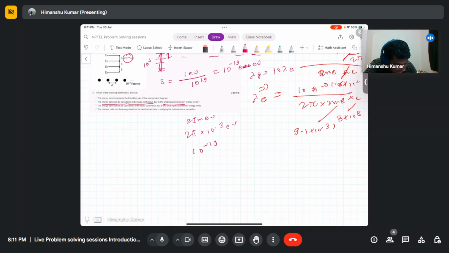The fourth option is that the energy band cannot be considered quasi-continuous due to the small spacing between the energy levels. No, this is a wrong statement.